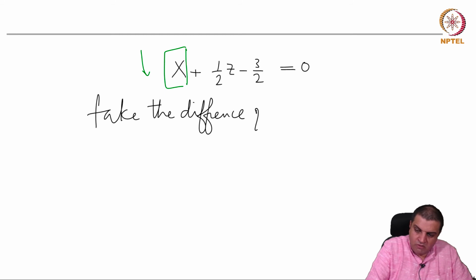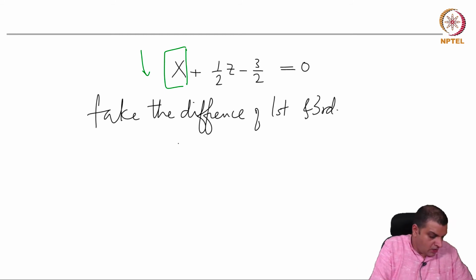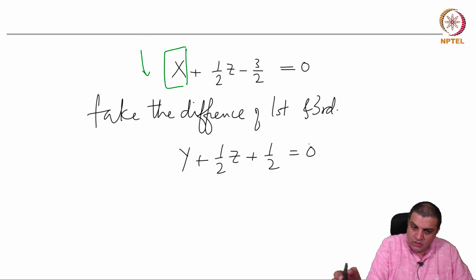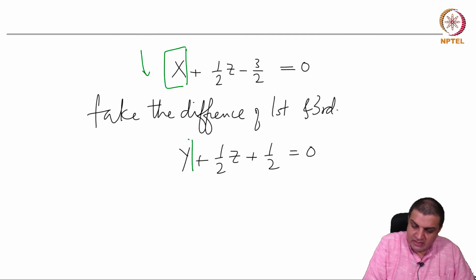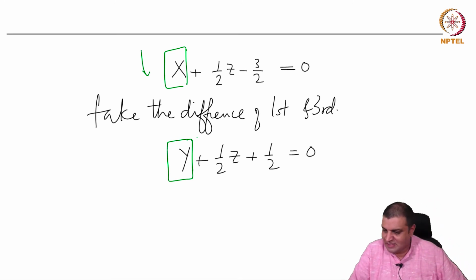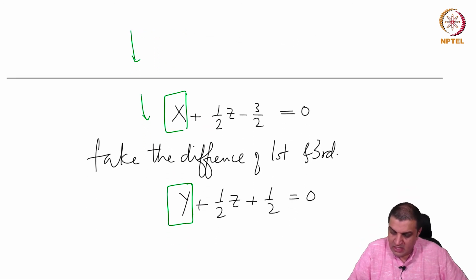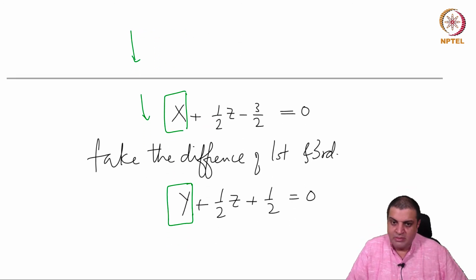Of first and third. Okay, so that would give us y plus half z plus half equals 0, for which this is the leading term. Okay. So now if you go back to how this was done in matrices, we would say there are two pivot variables x and y, different ones, and this is all that Gaussian elimination can do.